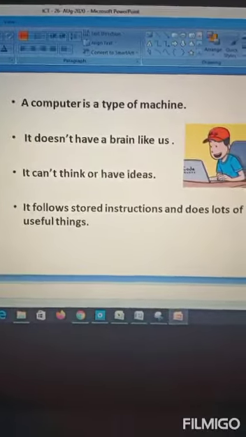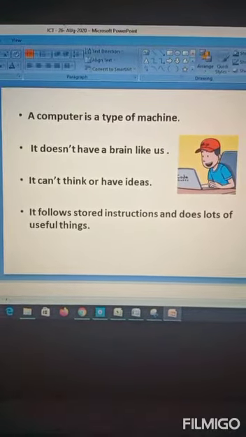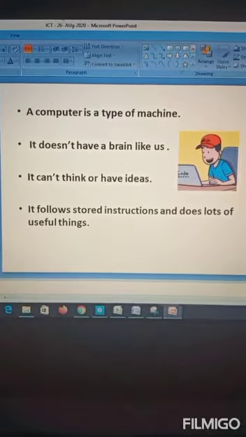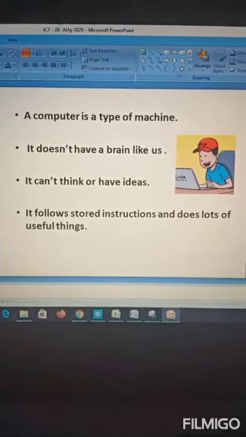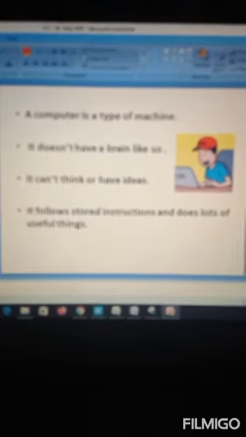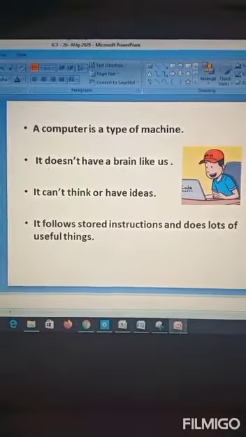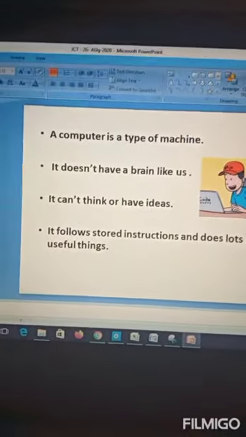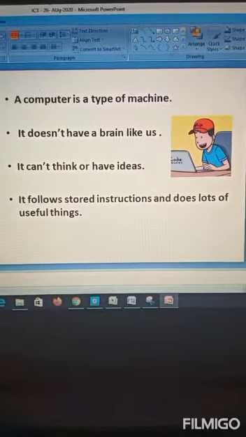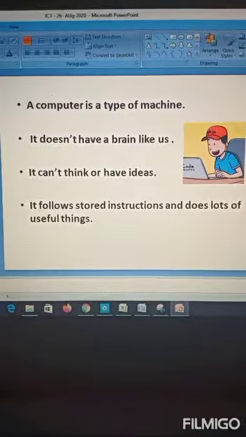So now let's try looking around and finding out a few of the devices or machines which are controlled by computers. As I've already said, computers are all around us.